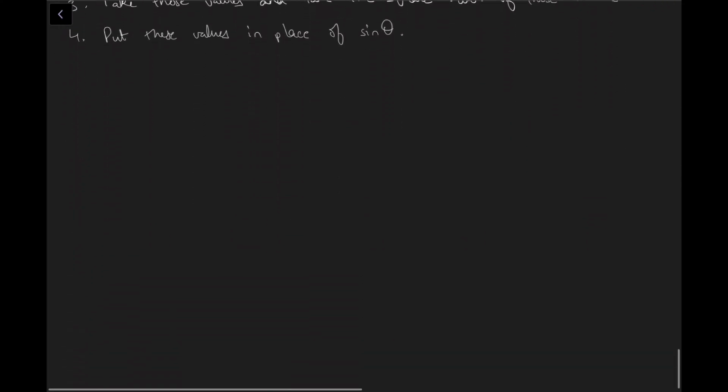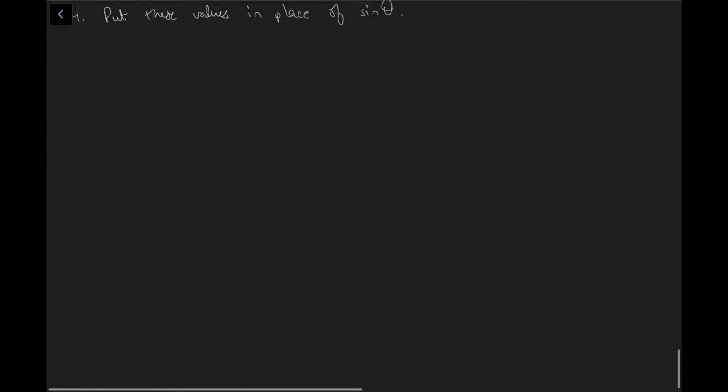So first, I'm going to take an equilateral triangle. So let's say we have an equilateral triangle ABC. And you know that in an equilateral triangle, all angles are equal to 60 degrees and all sides are equal. Let's call this side S for our reference.